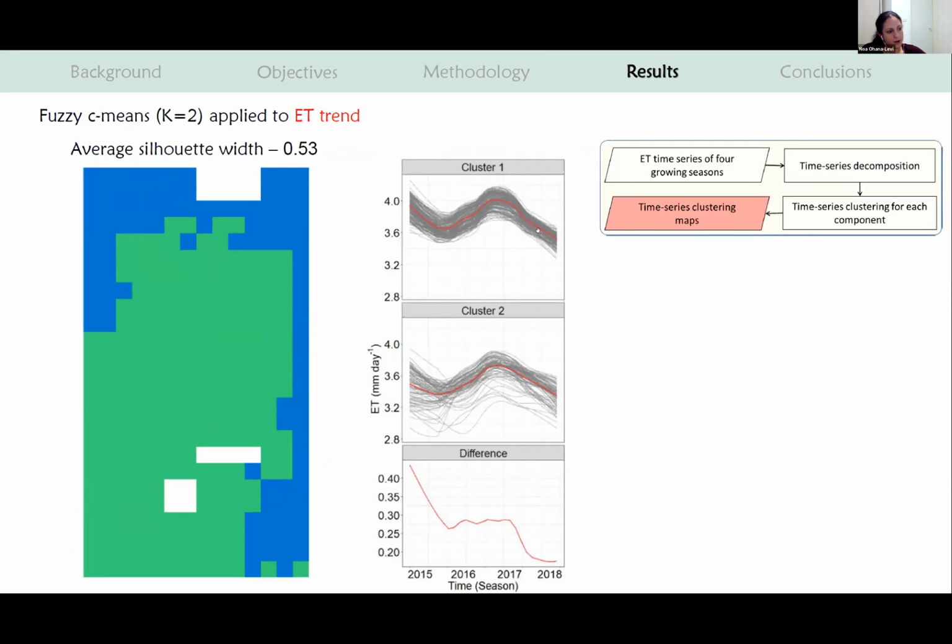And the red line here defines the cluster center, which is approximately the average of the values of the pixels here. And what we see here is also the difference between these cluster centers. So in 2015, let's say, we have a much stronger difference between these two clusters than in 2018, where the difference is very small.